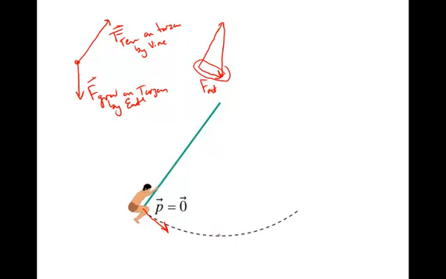When we get down to the bottom here, the net force is not 0 at this point, but the component of force that is speeding up or slowing Tarzan down is 0 at this point. A third example of a system momentarily at rest would be a ball rolling up a hill.